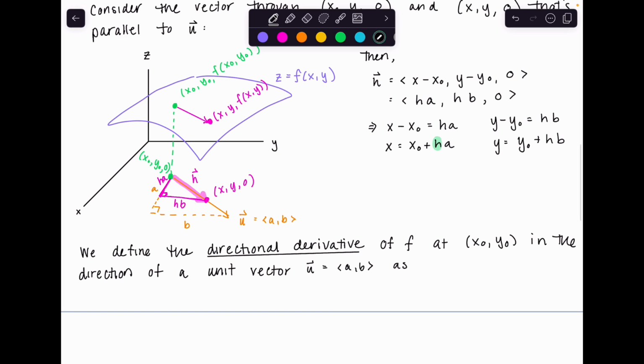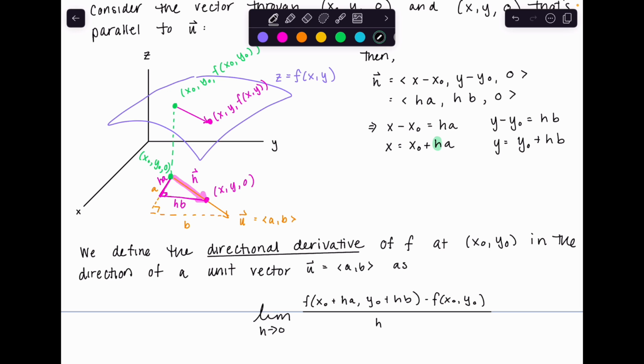Okay. I'm going to write the limit first, and then I'll show you the notation that we use for it. So it becomes the limit as h approaches 0, and we have a giant fraction, and we're just letting h go to 0. In the top component, we have f of x naught plus ah, or you can do ha, either one, and then y naught plus hb, and then minus f at that initial point. Okay.